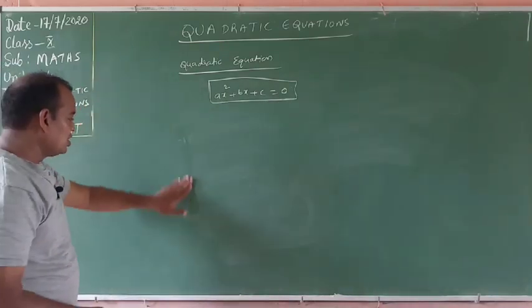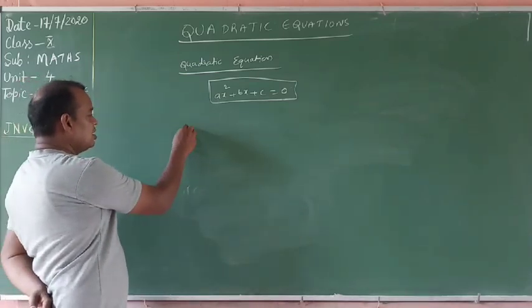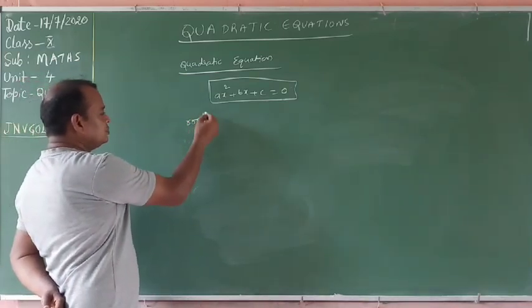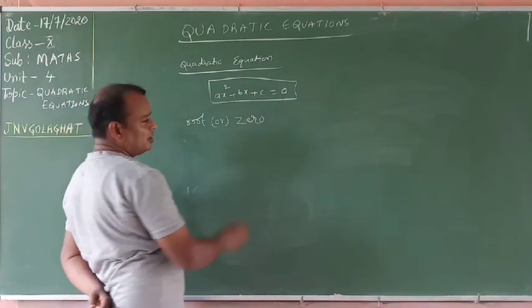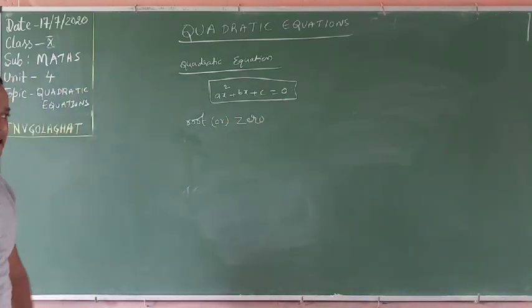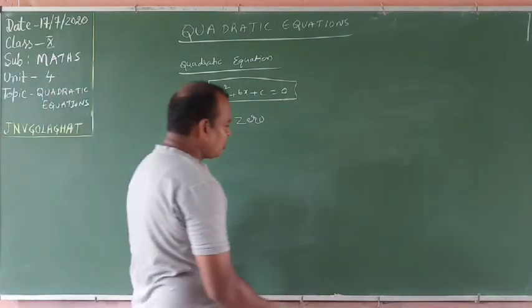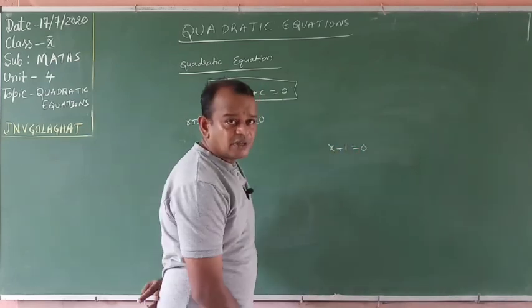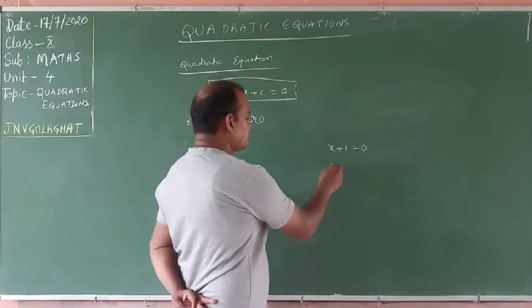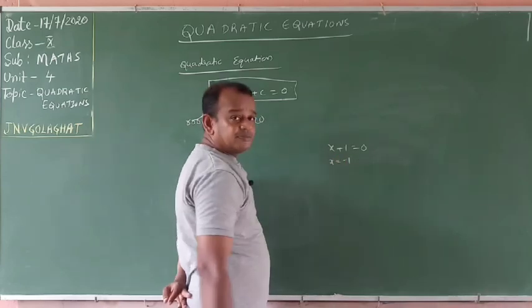Now, the next one is: what is the root? Roots are the zeros of the polynomial or of the quadratic polynomial. What is the meaning of the root or zero? Suppose we take a linear polynomial, x plus 1 is equal to 0. Now you have to substitute. Suppose the x value is equal to minus 1.